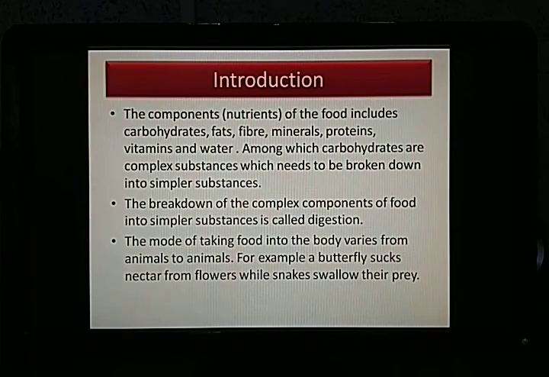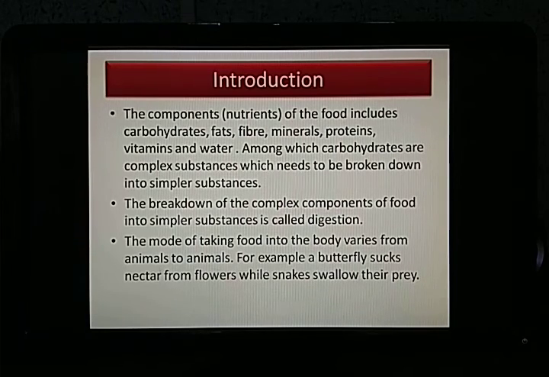Next, the mode of taking food into the body varies from animal to animal. Yes, as I've already mentioned, the mode of taking the food is different. For example, a butterfly sucks nectar from the flowers while snakes swallow their prey. We have already seen butterflies, or even mosquitoes, they suck. Butterflies suck nectar and mosquitoes suck blood.